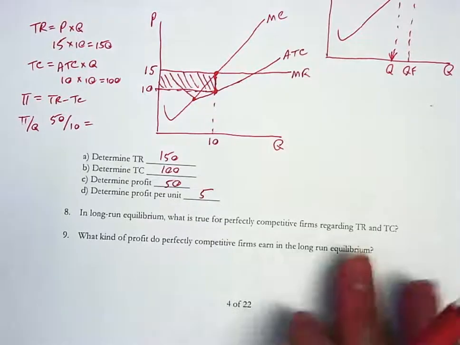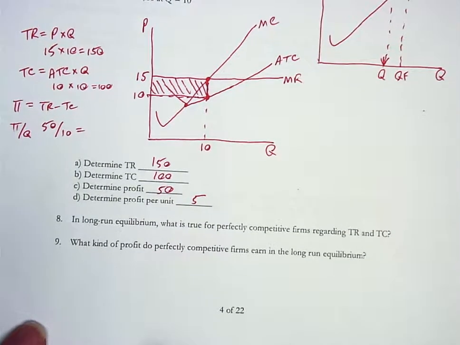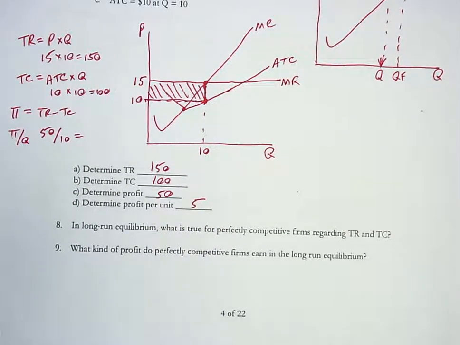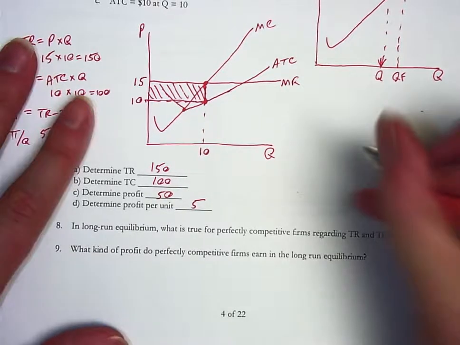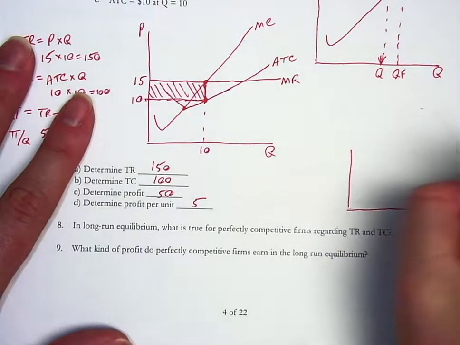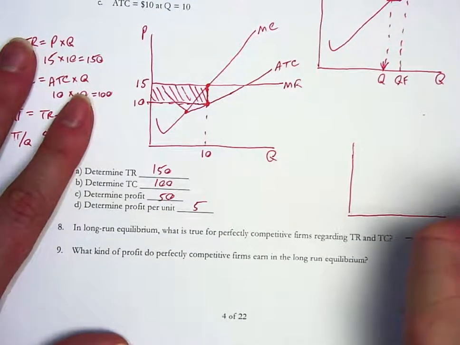Let's take a look at 8 and 9. Number 8 says, in long run equilibrium, what's true for a perfectly competitive firm regarding TR and TC? If we graphed it, we could find that they would have to be the same, so they're equal to each other.